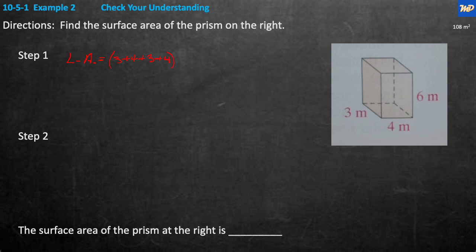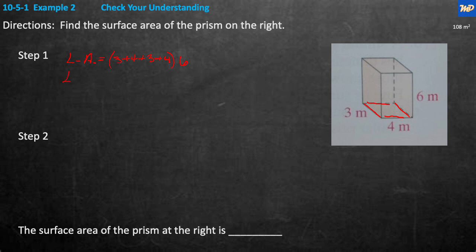You add up all these lengths around here, and then multiply by 6, the height. And this is 14. 7 plus 7 is 14, times 6.